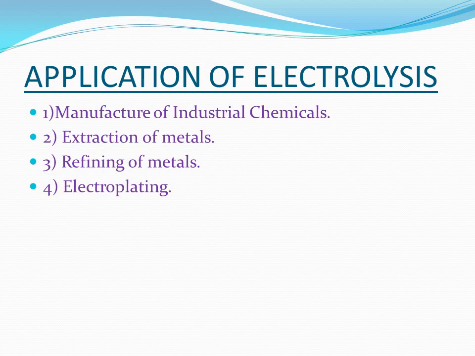Second one, extraction of metals. Extraction of metals can be done through electrolysis. How are metals extracted? As we know, some elements are positively charged and some are negatively charged, and they can be separated through electrodes of opposite charge.